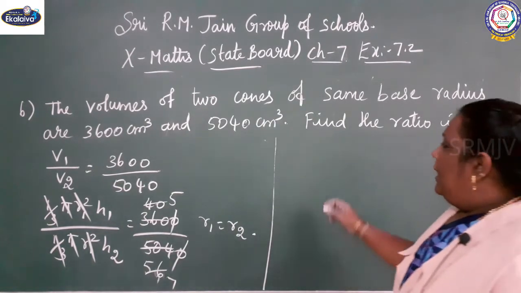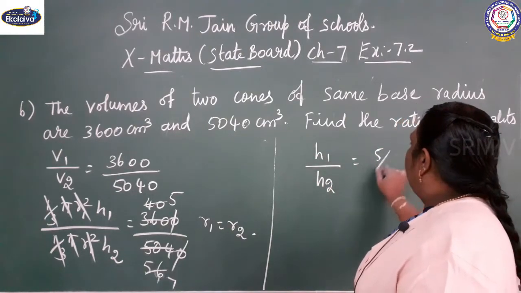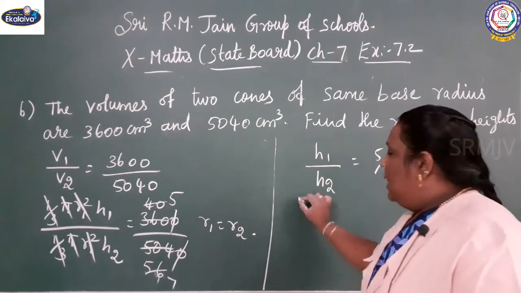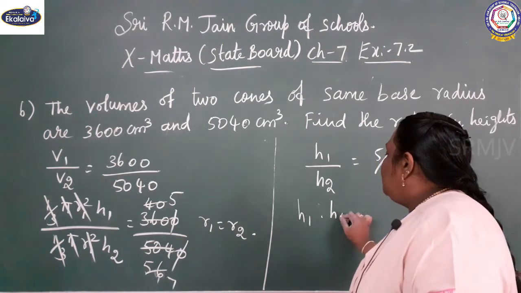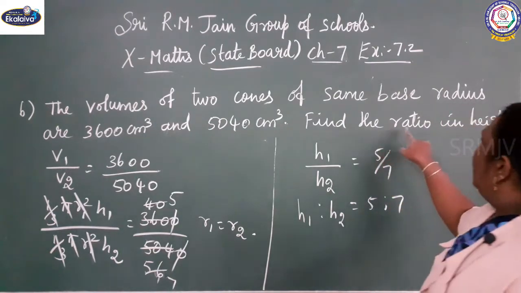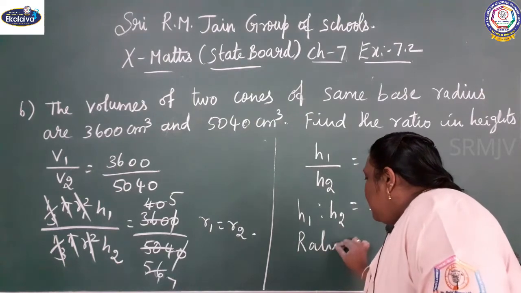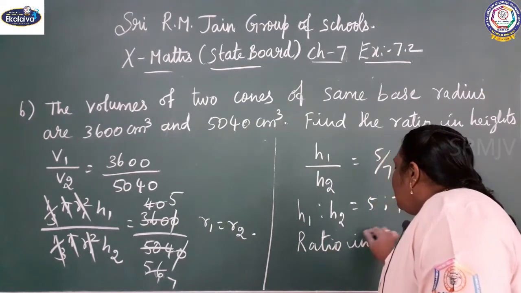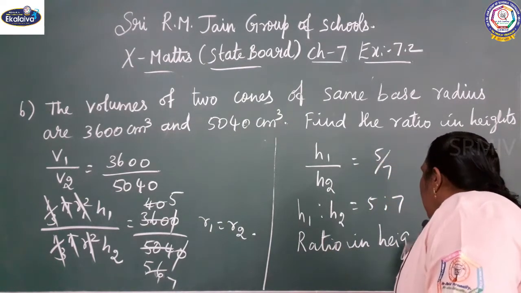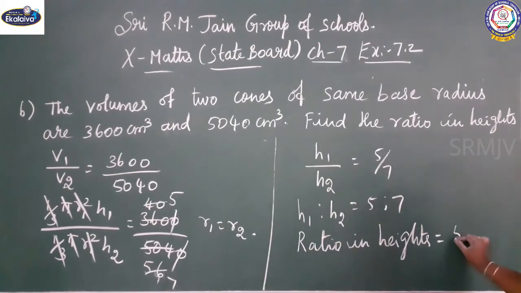See here, H1 by H2 equal to 5 by 7. The ratio of heights they are asking is 5 is to 7.